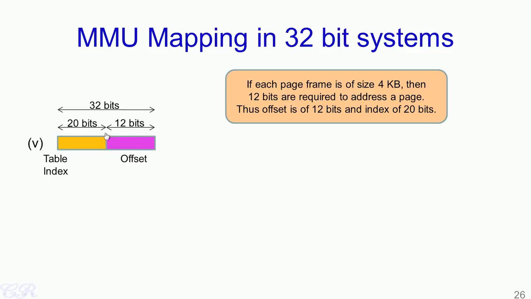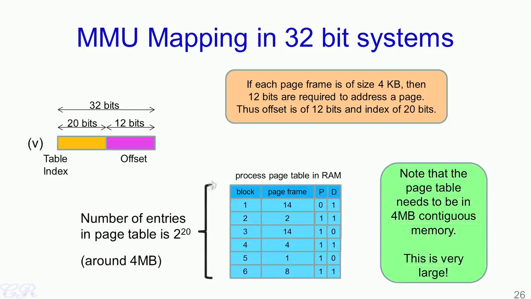The remaining bits, that is 32 minus 12, which is the 20 bits, would be used for the table index. Thus, the process page table, which is indexed by these 20 bits, would have 2 power 20 entries.